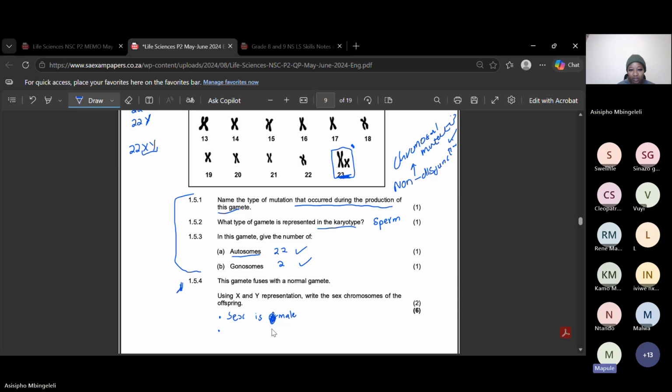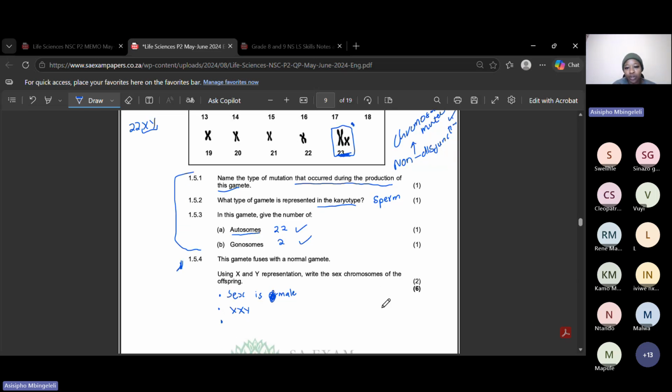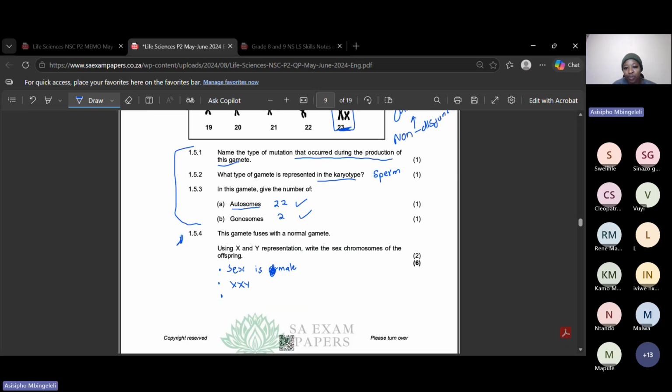The two X's and Y. How did you write your two X's? Did you say X, X, Y, or X, 2, Y? X, X, Y. And then I just left it there. You just left it there, okay? All right. I need two more people. Can I get two more people for this one?